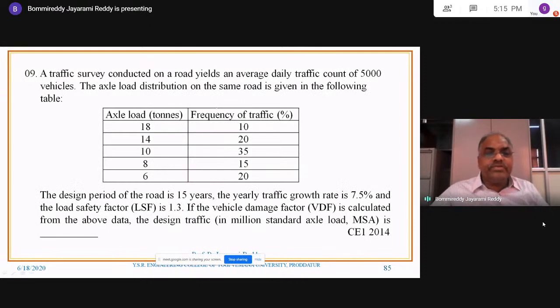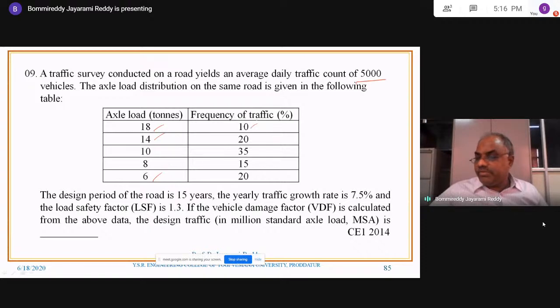Then a traffic survey conducted on a road yields the average daily traffic count of 5,000 vehicles. The axle load distribution on the same road is given in the following: axle load 18 tons, 14 tons, like that down to 6 tons, and the frequency of the traffic.